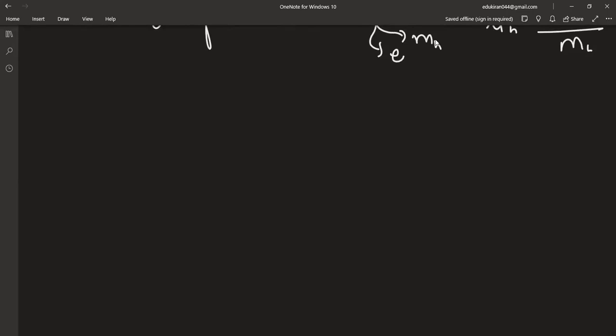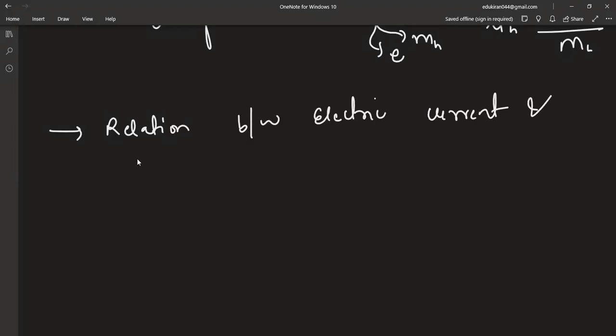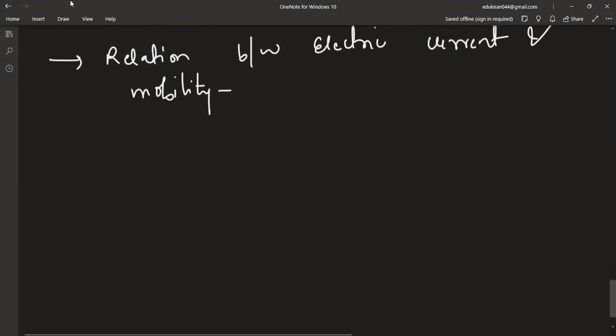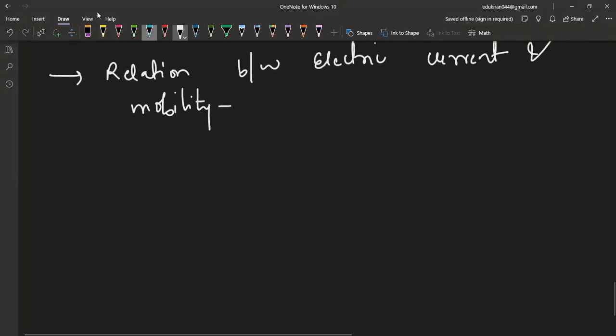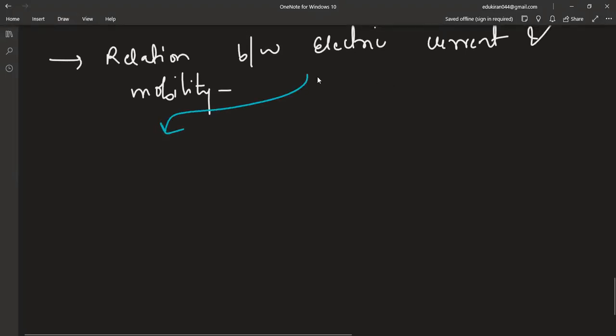Then there is one relation between electric current and mobility. So this also you have to remember in 2 phases. Learn this also in 2 phases. That will be helpful for you.